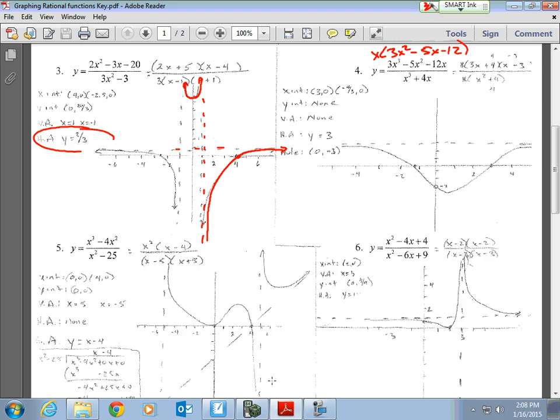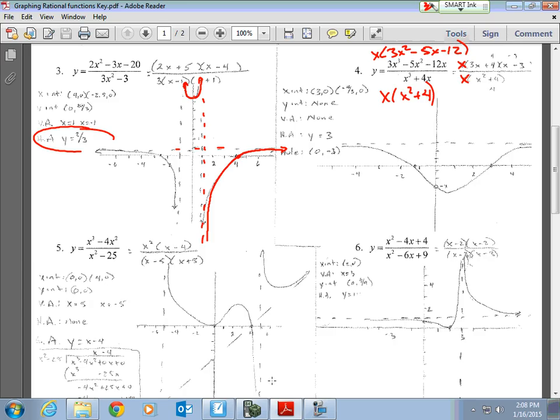That inside part, 3x squared minus 5x minus 12, factors into (3x plus 4) and (x minus 3). The bottom factors into x times (x squared plus 4). That x squared plus 4 does not factor. These were x's to start with.